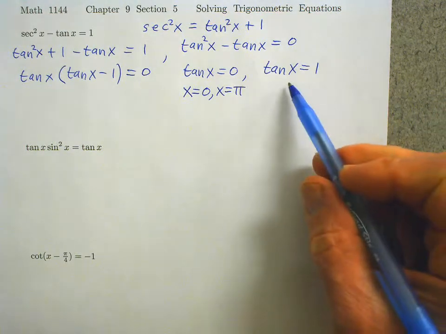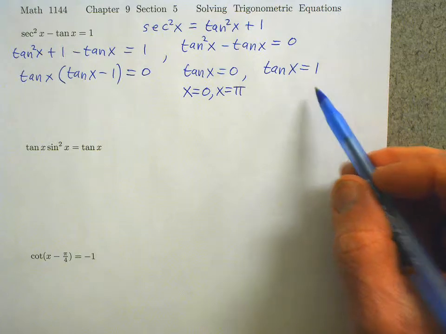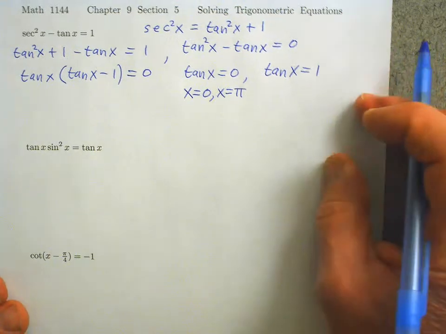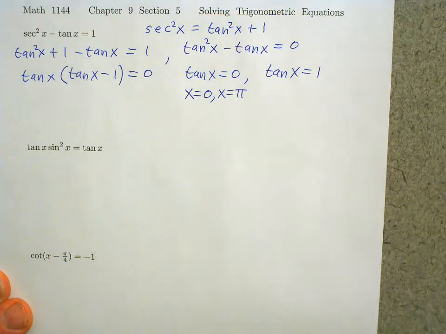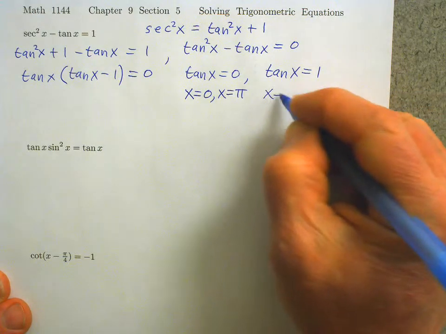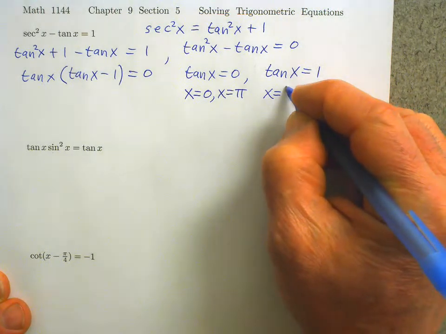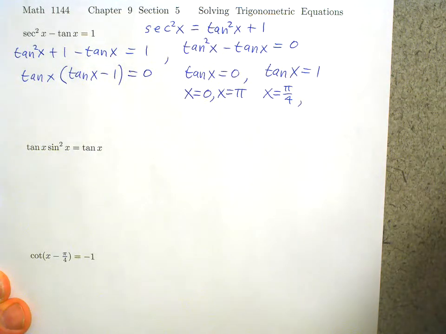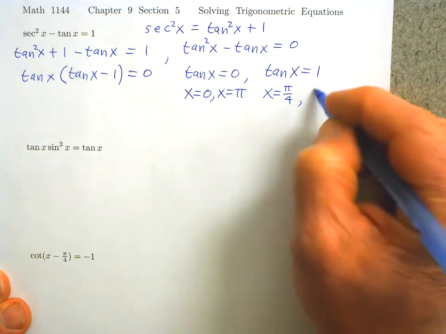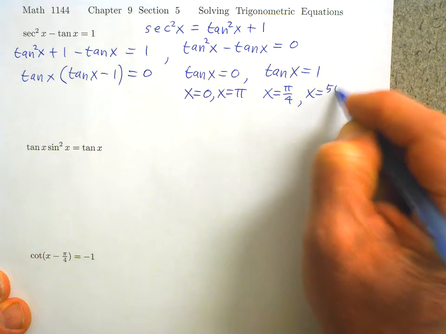And then tangent of x equals 1 twice for x values between 0 and 2 pi. So 1 is in the first quadrant, x equals pi over 4. And then in the third quadrant, x equals 5 pi over 4.